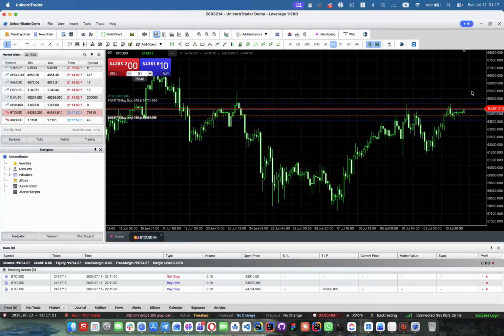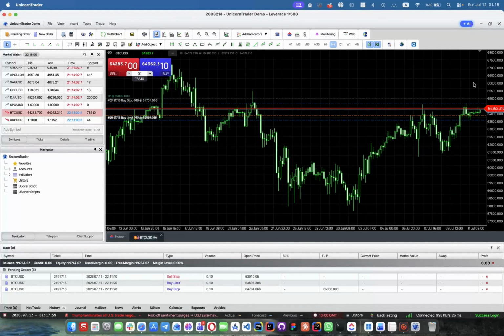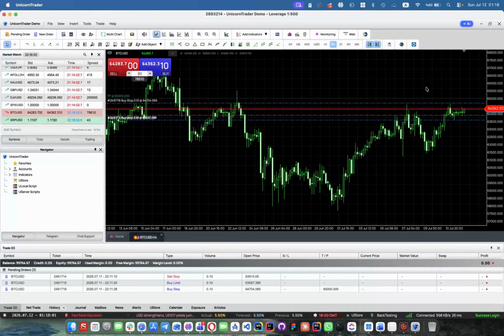Let's assume we have a one lot trade: 0.2 to close at 65,000, another 0.2 at 66,000, another 0.2 at 68,000, and so on until we reach the full lot. You can now record your partial take profits and stop losses, which will be fully accessible for both individual clients and companies in the next upcoming version.